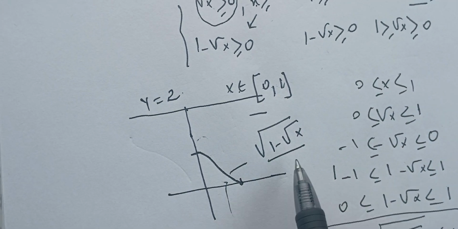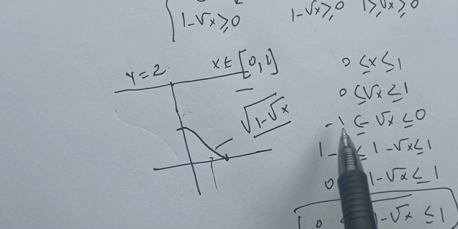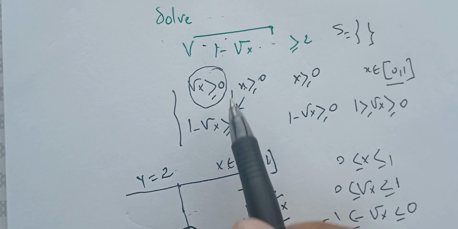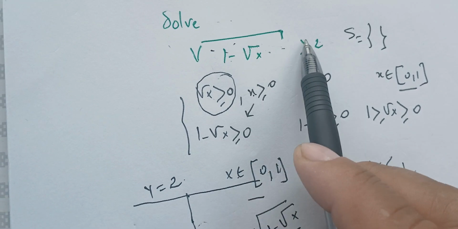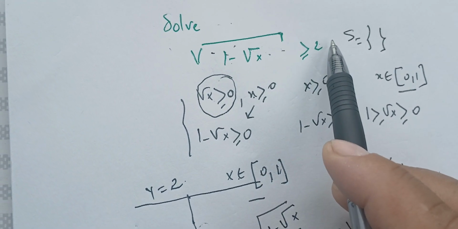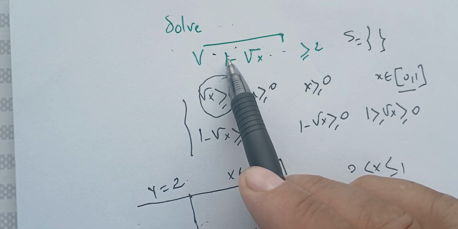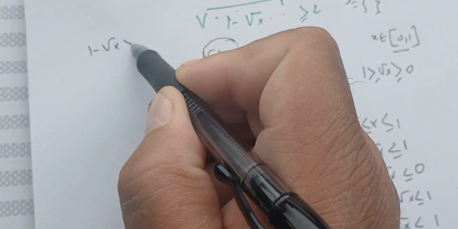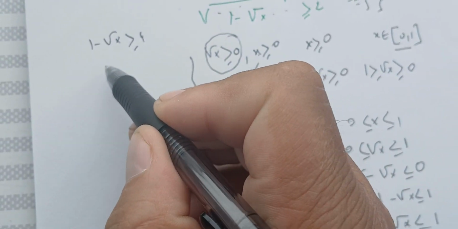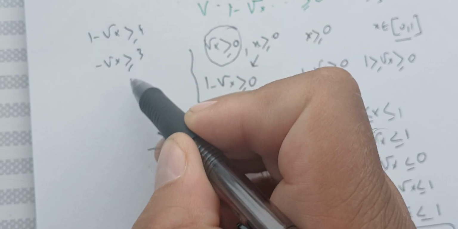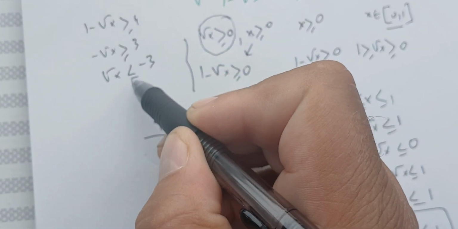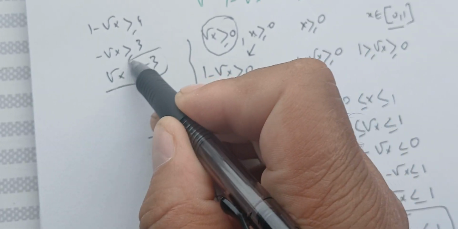And this means that using this technique, we found the solution. If we had to square both sides, we're going to have 1 minus square root of x is bigger than 4, and minus square root of x is bigger than 3, and therefore the square root of x is less than minus 3.